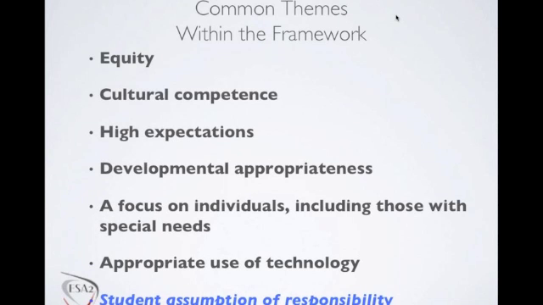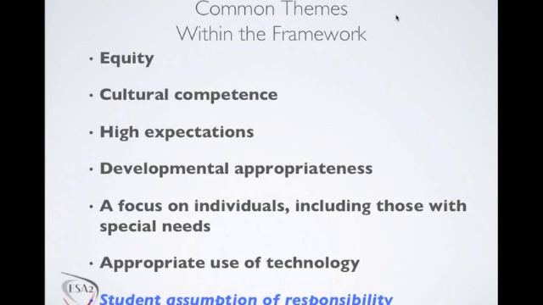There are common themes within the framework, and these themes revolve around students. These are student-centered themes, and they are equity. All students have equal opportunity in terms of learning. All students are valued equally, and we value them and their cultural competence.